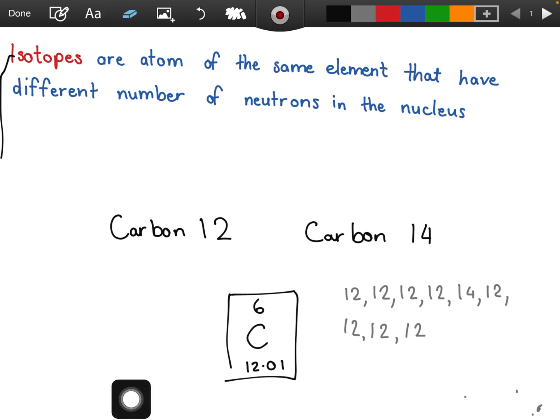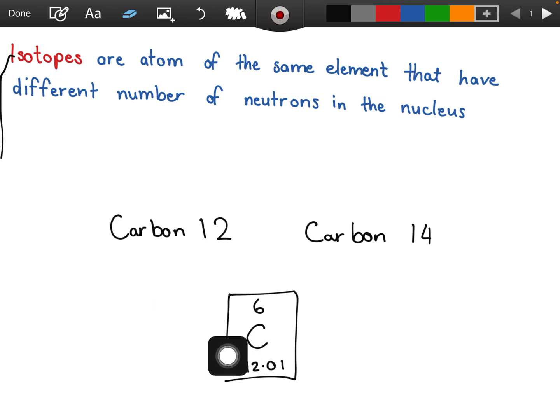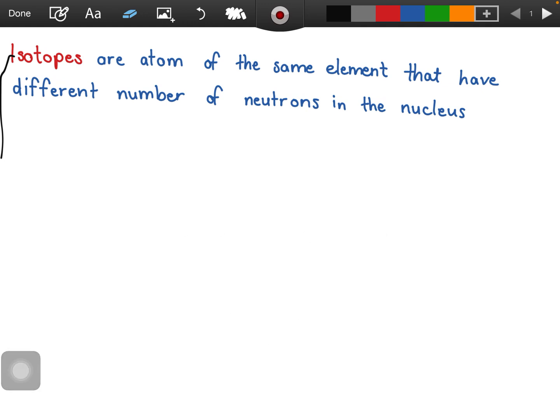Okay, so when we have an isotope, what we do is we just round this number to the nearest whole number. But in saying that, we do need to learn what an isotope is. So there's one definition of an isotope. You can take this one down or write it out in your own words.